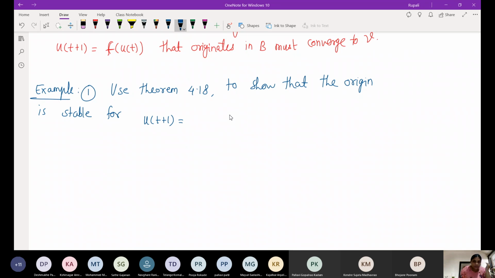F of ut is given by the matrix cos theta sin theta, minus sin theta cos theta, times ut.